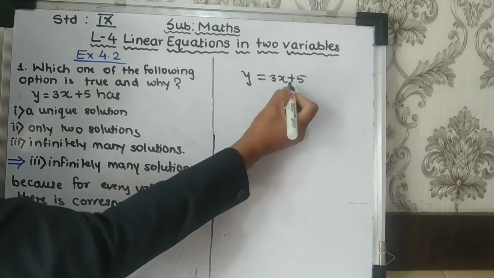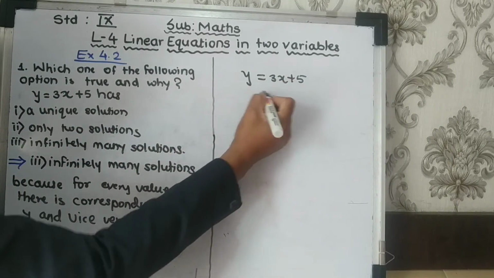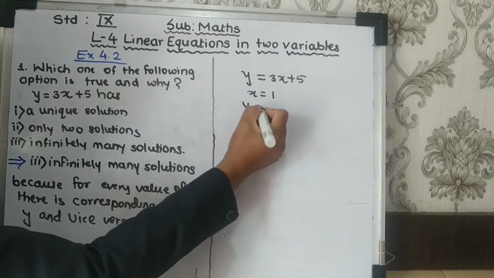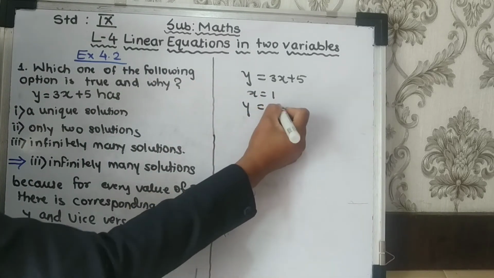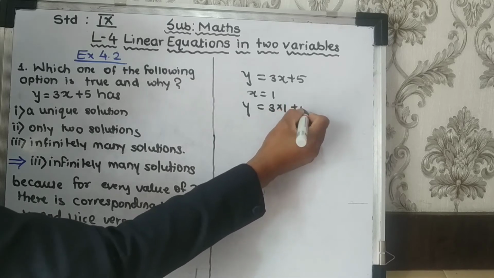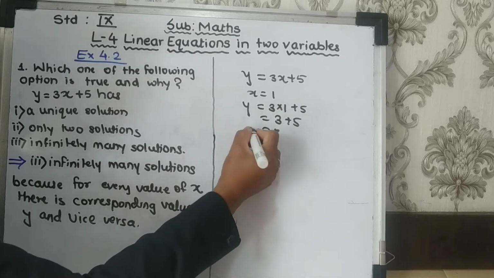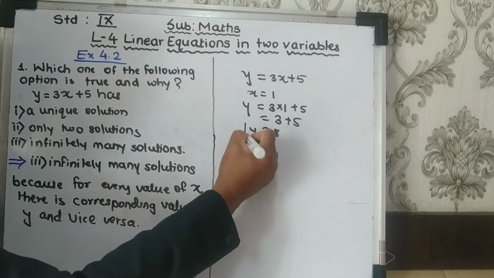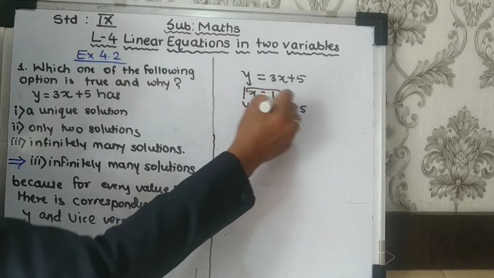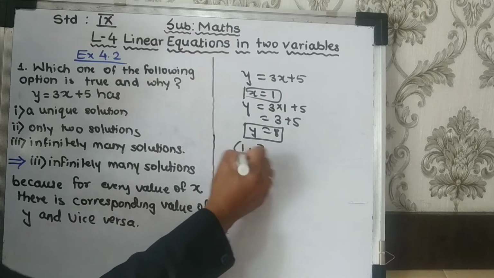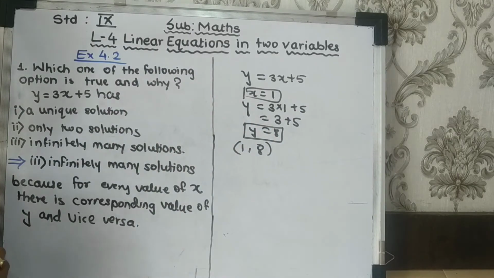So when you take x value, suppose x equals 1, what y value will you get? 3 into 1 plus 5. 3 ones are 3 plus 5, 8. So y is 8 when you substitute 1. So we will write that (1, 8) is a solution of the equation.